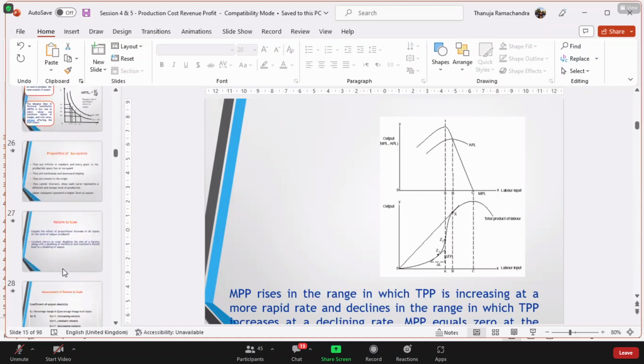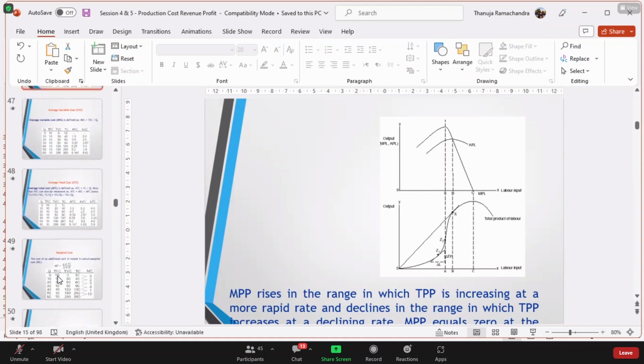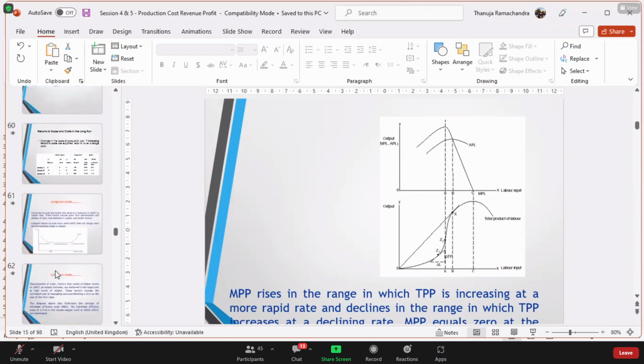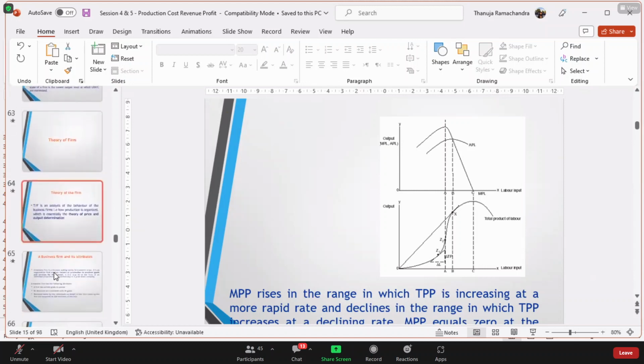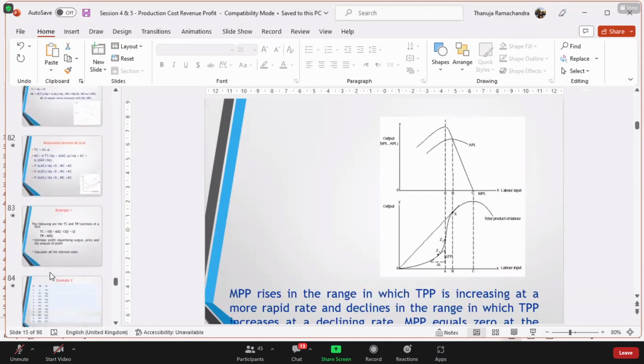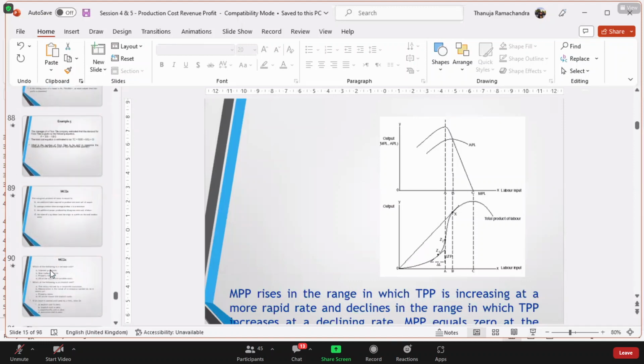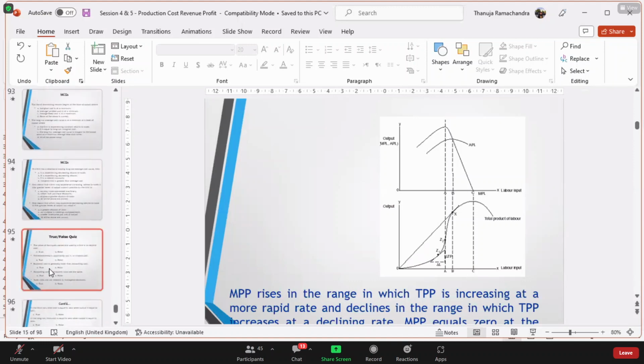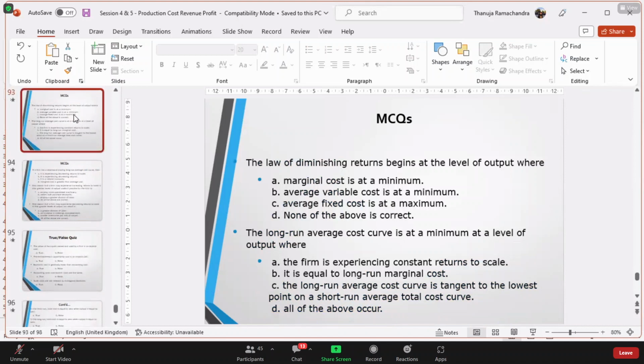But in the question, it says the law of diminishing marginal returns begins at the level of output where marginal cost is minimum. No, it happens before that, right?